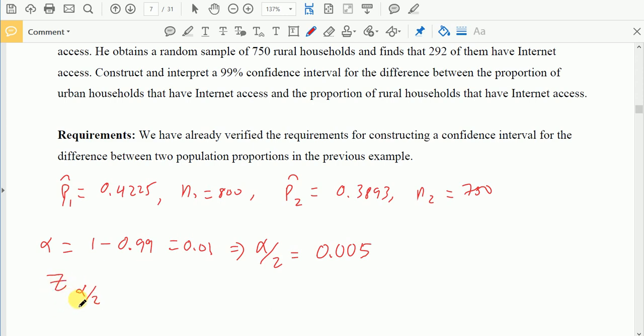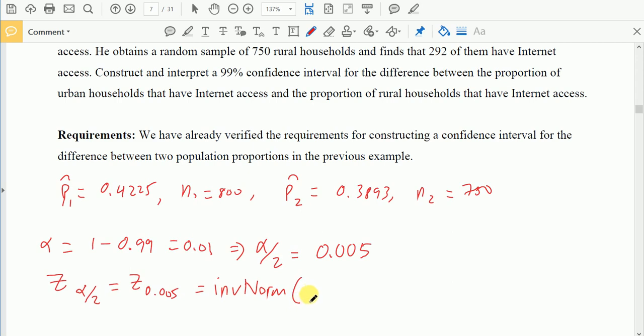So this one is actually z of that 0.005. How do I find that? Recall from chapter 7, you are using the inverse norm, right?